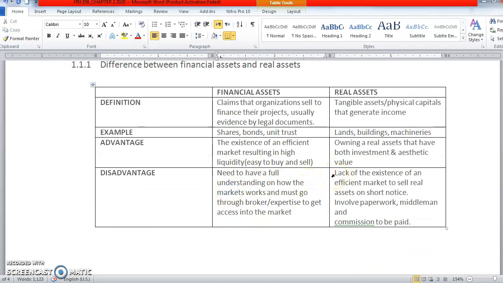So, but for real asset, dia kekurangannya adalah lack of existence of efficient market untuk jual. Tidak ada ready market untuk membantu real asset ni dijual, dan ambil masa lama untuk jual, termasuk involve paperwork. Kadang-kadang kena pakai middleman or broker, dan high commission to be paid. Itu adalah kekurangan untuk real asset.